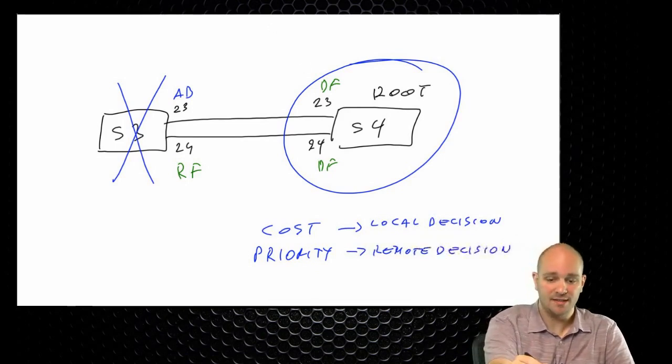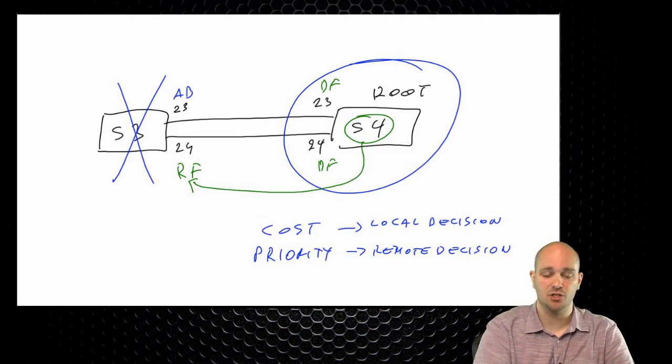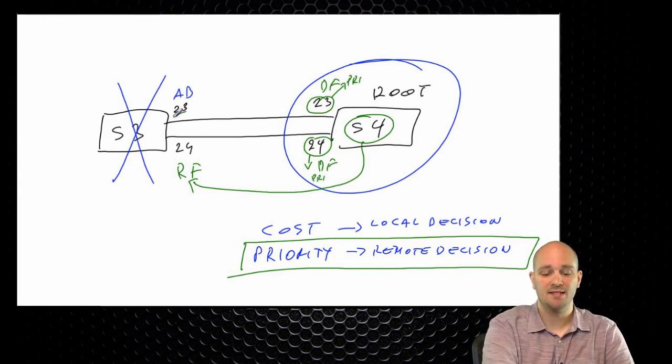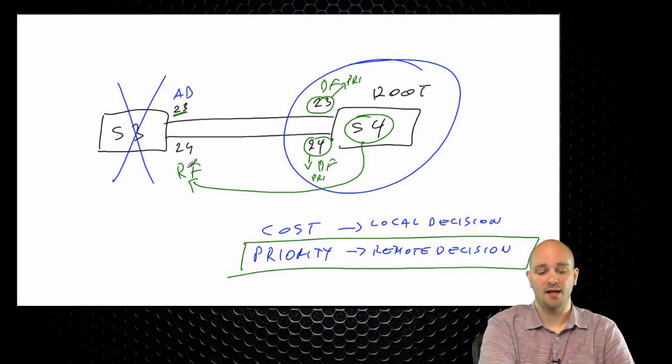So in our case, what we need to do is we need to have switch 4 somehow influence the decision made on switch 3. So in this case, the correct solution would be to actually use the priority on this port here. What we need to do is lower the priority on FastEthernet 24, or we need to increase the priority on FastEthernet 23 to make this port less desirable than this one here.